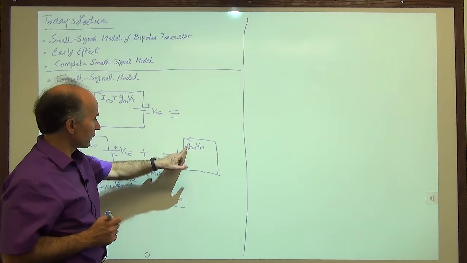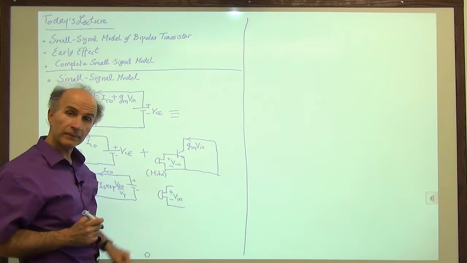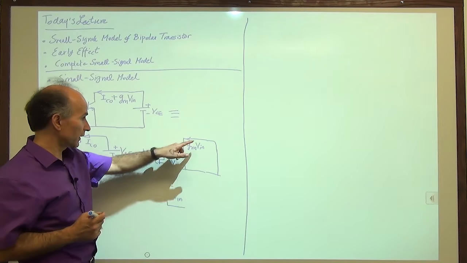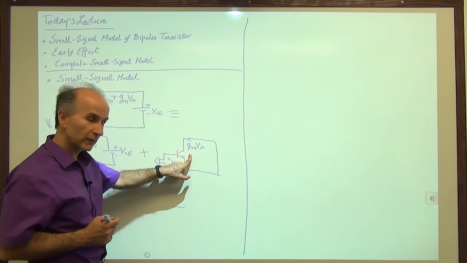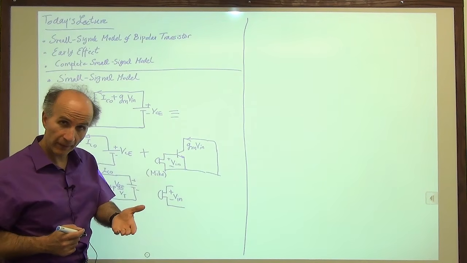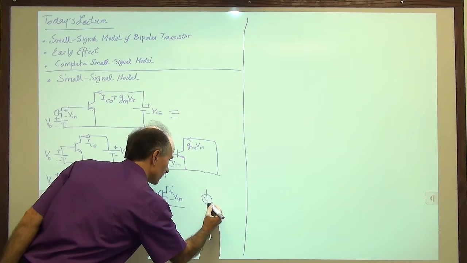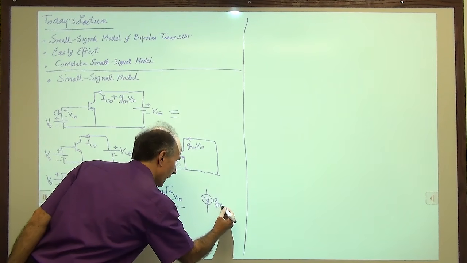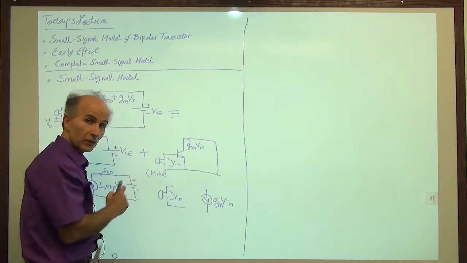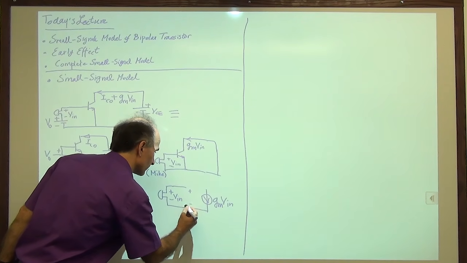And in fact, the current it's drawing is equal to some number times this voltage. What do we call that? We have something that draws a current, and that current is proportional to some voltage. We call that a voltage-dependent current source. So we draw a voltage-dependent current source here, and we call that Gm Vin, and Vin happens to be this voltage here. So we call that Vin here.